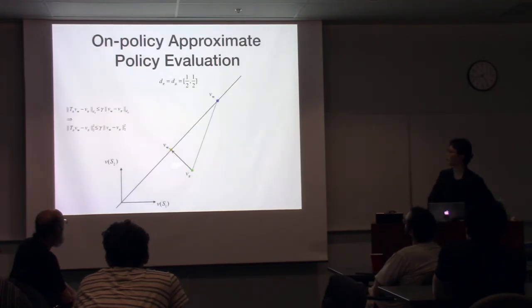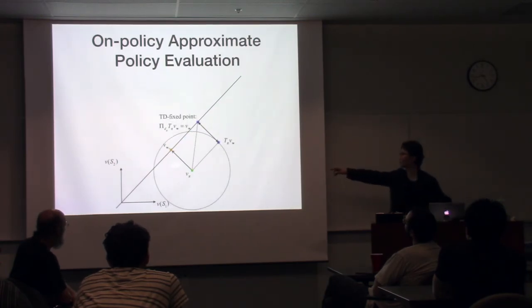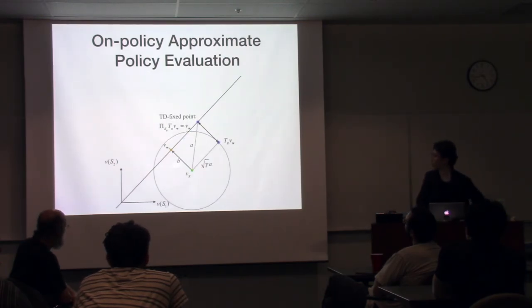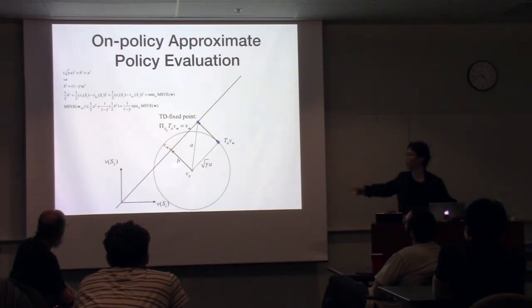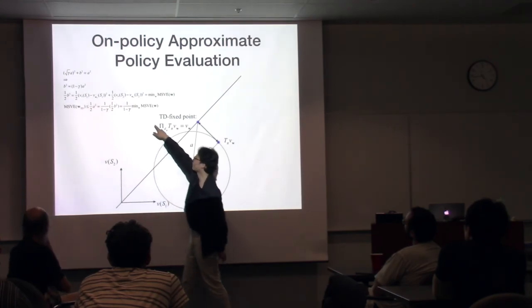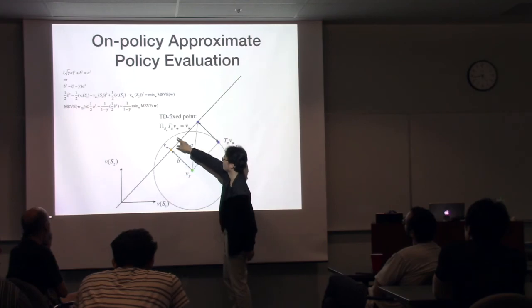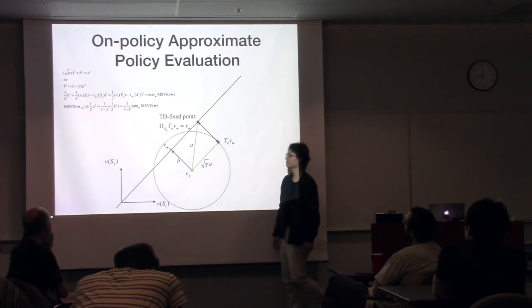This is an example of on-policy approximate policy evaluation. This example basically shows why the TD fixed point should lie inside of this region. We can derive that the TD fixed point should lie within 1 over 1 minus gamma multiplied with the min of the MSVE.